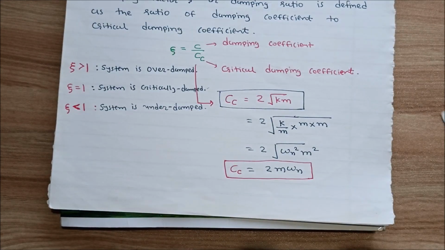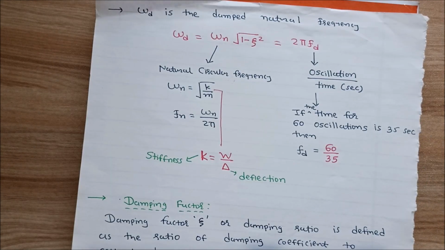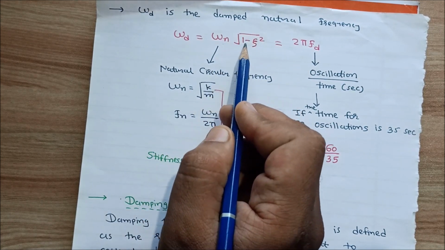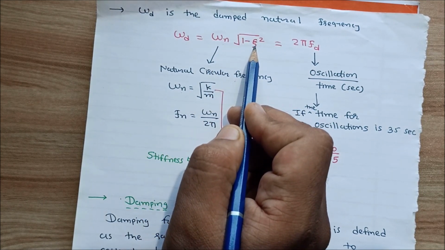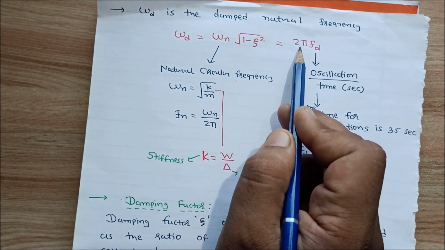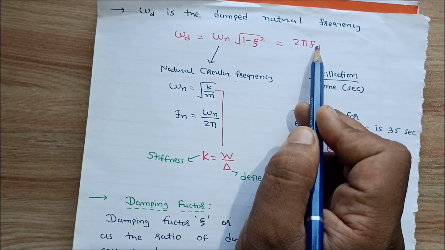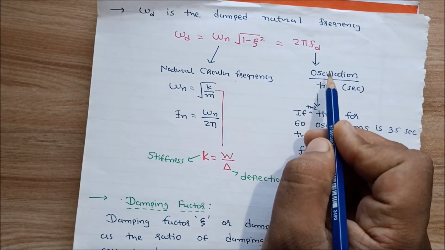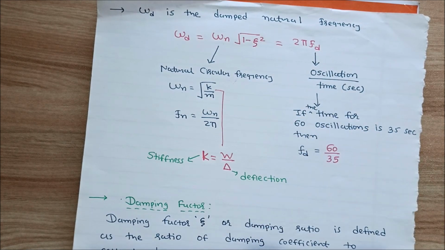Another equation is omega d, the damped natural frequency. Omega d is equal to omega n under root 1 minus xi square, which is equal to 2 pi fd. Again, how can we find fd? Fd is the number of oscillations divided by time.